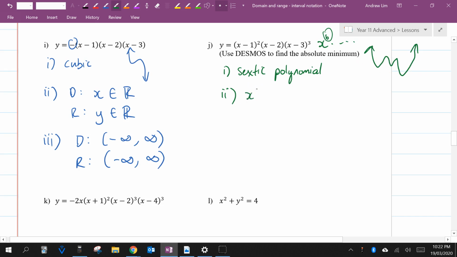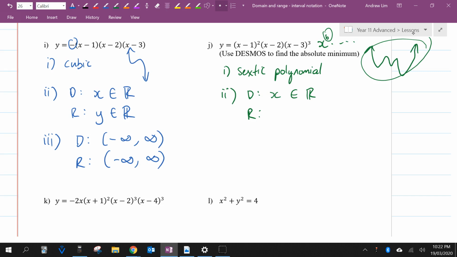So actually, let's write this. Domain x is an element of all real numbers. However, the range, we need to know what the lowest point is. I don't know whether it looks like this or not, but we're going to use Desmos to do this because we haven't actually learned how to do this yet. We will do that later in the year. For now, we're just concerned about what the graph looks like.